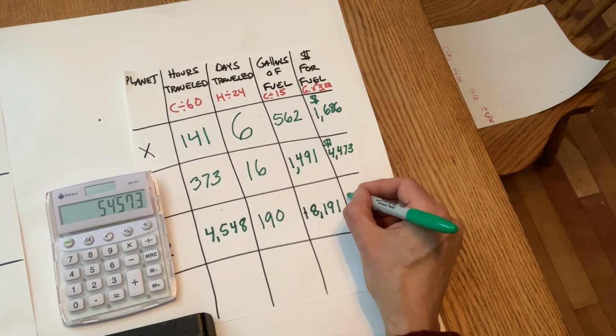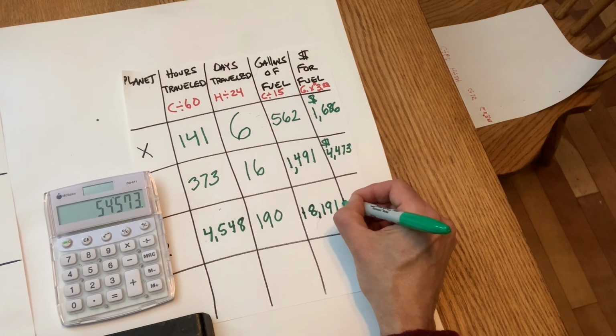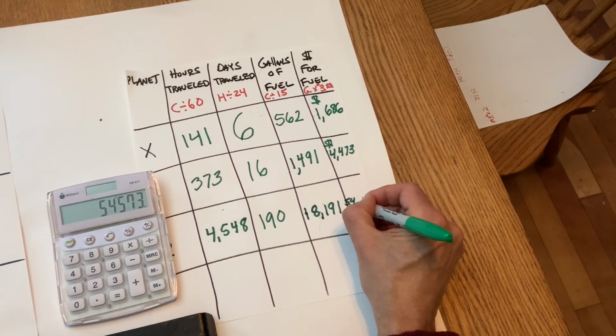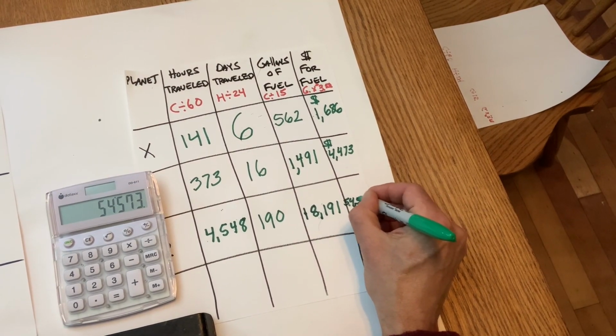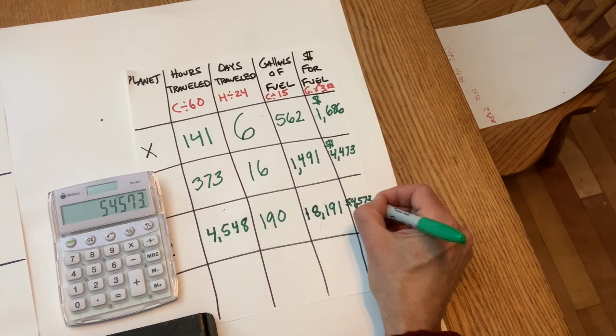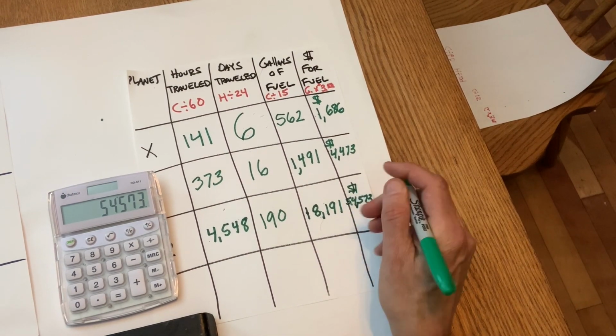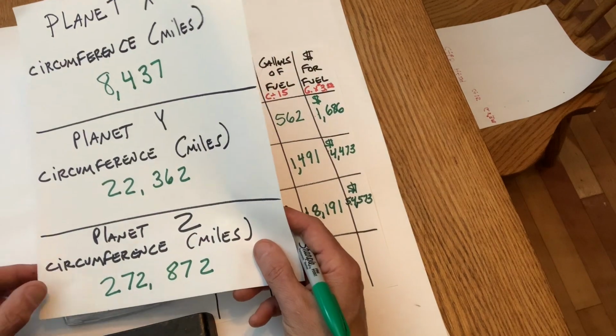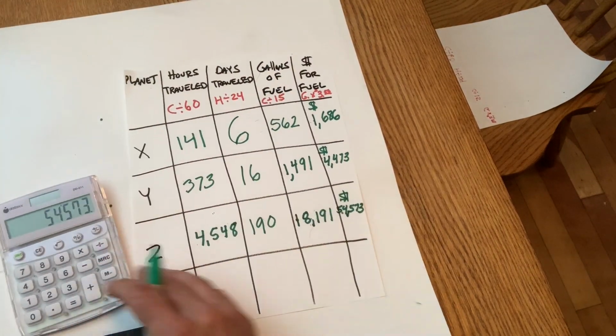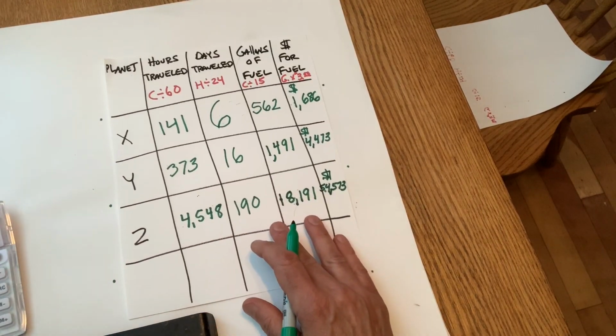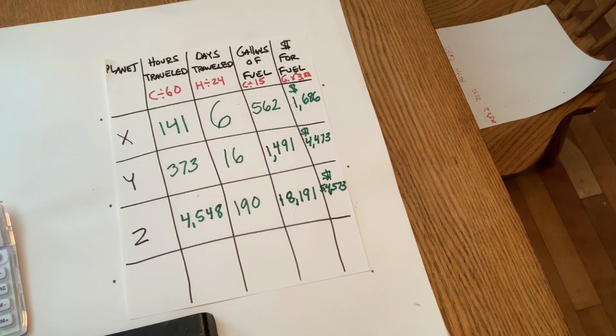And like I said, it's going to be a lot of money. $54,573 to go around planet Z. And there's the 3 fictitious planets I just did with you.